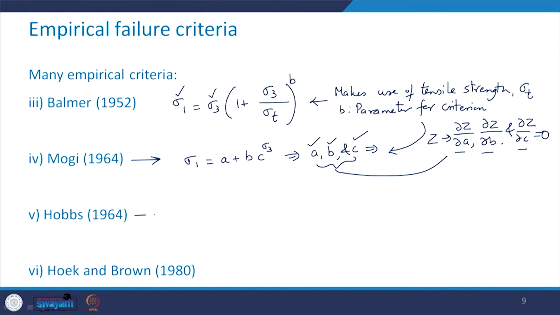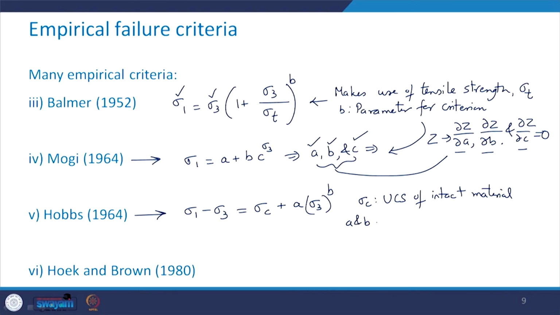Similarly, another one was given by Hoek, that was given by this equation sigma 1 minus sigma 3 equal to sigma c plus A sigma 3 to the power B, where this sigma c is again the UCS of intact material or intact rock.